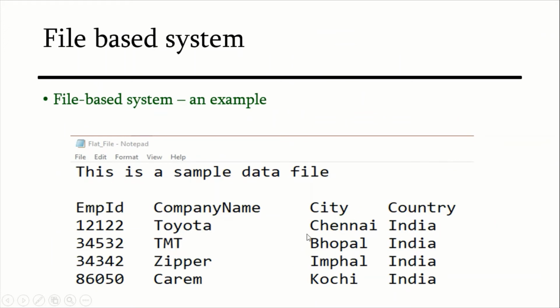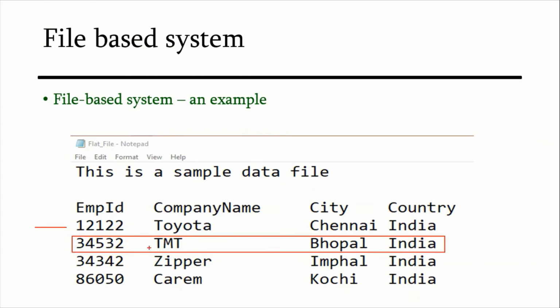Now this is an example of a flat file. Have you observed, these are called records, and similarly each record contains a number of fields.